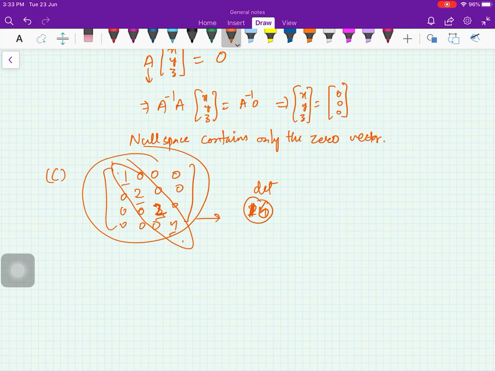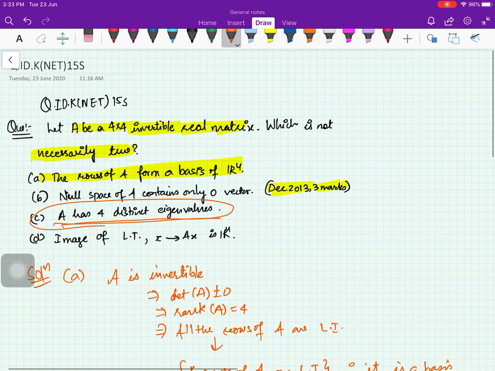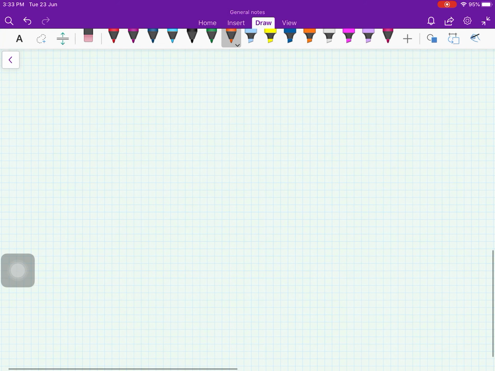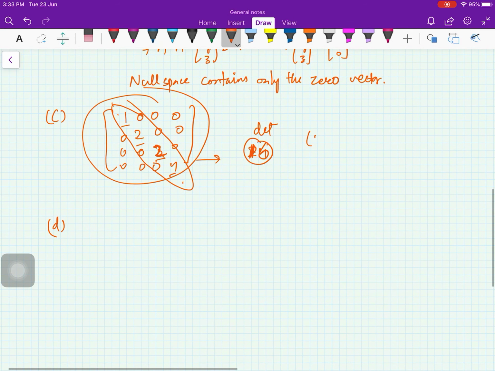So the eigenvalues will be 1, 2, 2, 4. So it is not necessary that the eigenvalues are distinct. They may be distinct, but it is not necessary. So your statement is: which one of the following is not necessarily true. So this is our option, C part. This is not necessarily true.